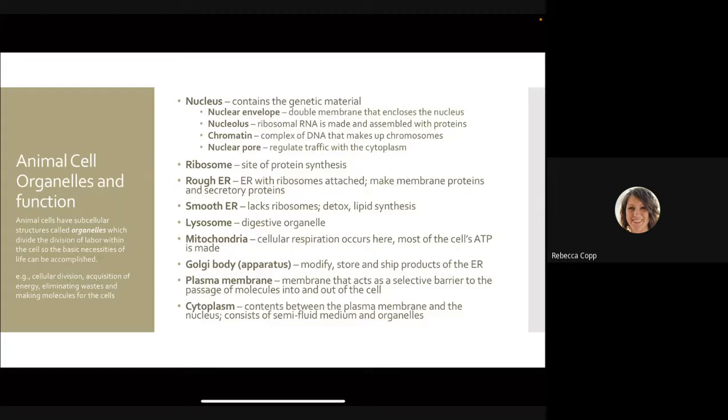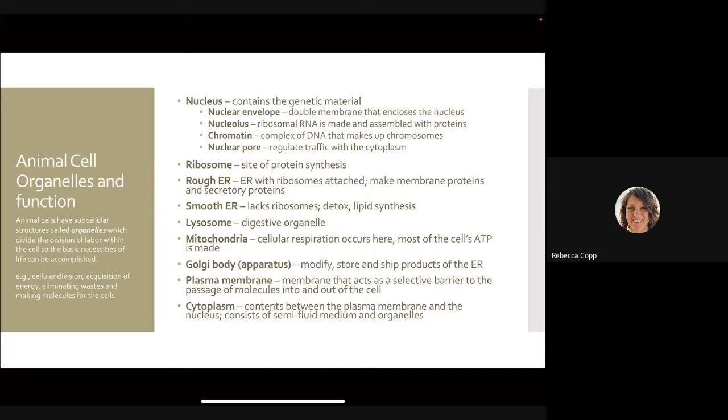So animal cells have subcellular structures called organelles, like we talked about, which divide the labor within the cell, so the basic necessities of life can be accomplished, such as cellular division, acquisition of energy, elimination of waste, and making molecules for the cell. So the functions of, again, hopefully you have that cell picture in front of you. So the nucleus is where the genetic material is.